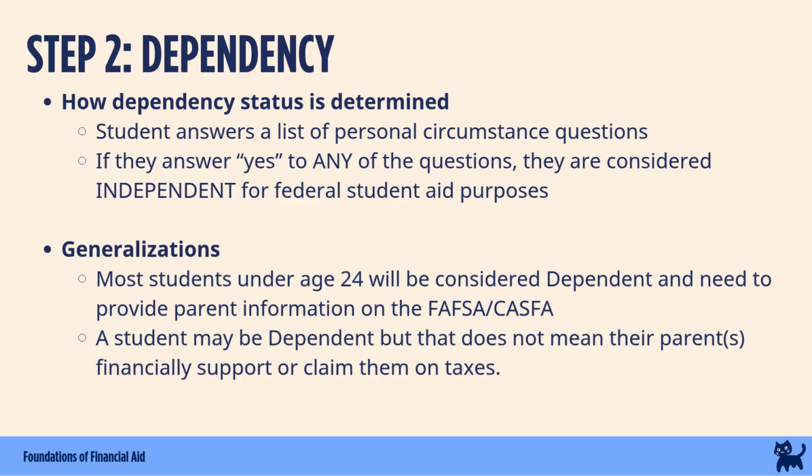Again, most students who are under age 24 and unmarried will be considered dependent, and they will need to provide parent information on their FAFSA or CASFA. Even if their parent does not financially support them, even if their parent does not claim them on taxes, and even if their parent is not planning to provide financial support for their college education.